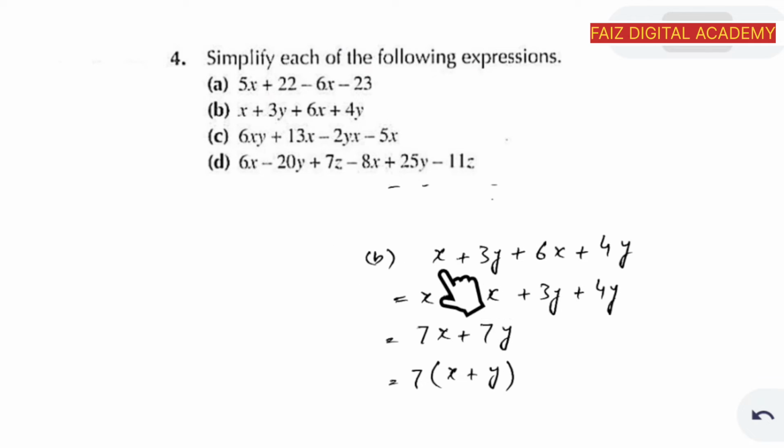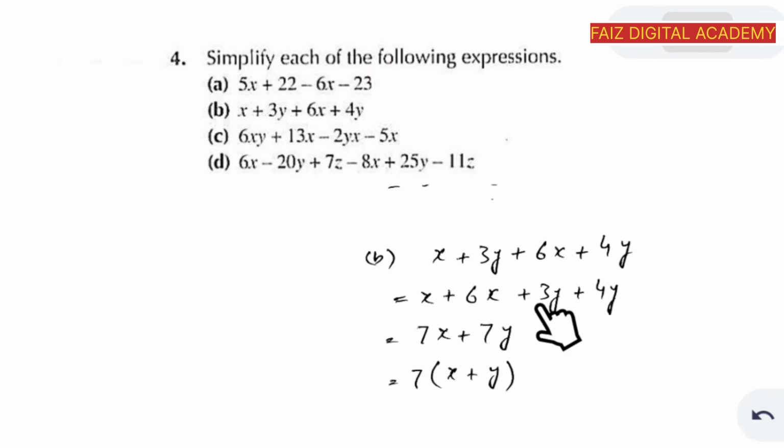In the B part they are saying x plus 3y plus 6x plus 4y. So first of all we have to write those variables which are the same, like x can only be added to or subtracted from x. So x plus 6x, and then we write plus 3y and plus 4y.